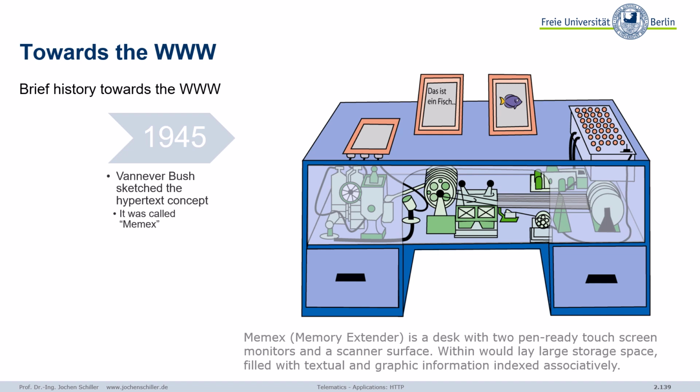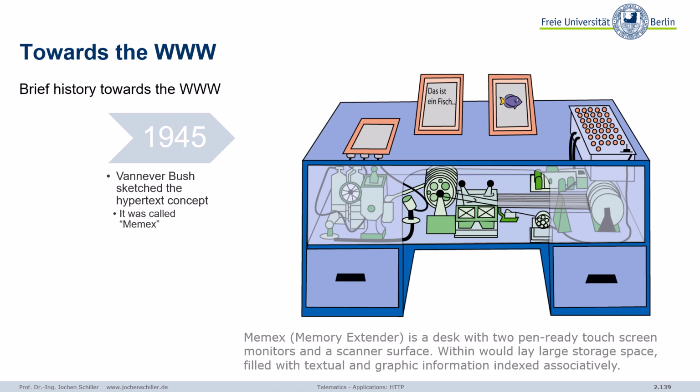It was a rough sketch, a desk with something like touch screens and monitors and a scanner surface and some storage where you can access text and graphics, and this is indexed with a kind of associative memory, so that something already memorizes more in the way our brain does it, not like classical computer networks.